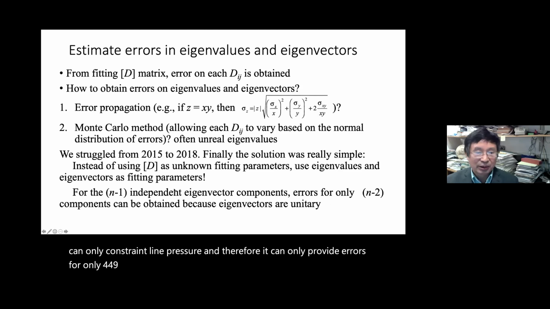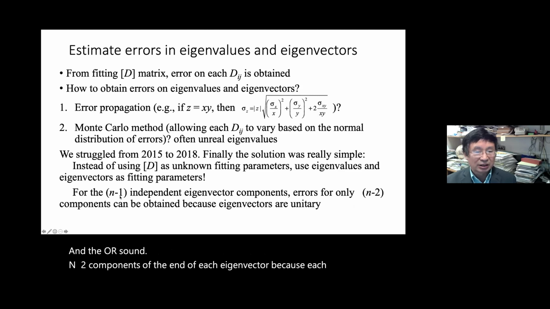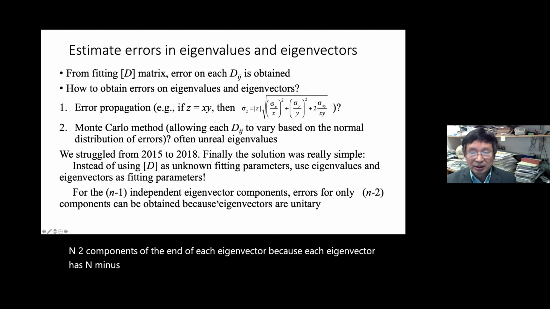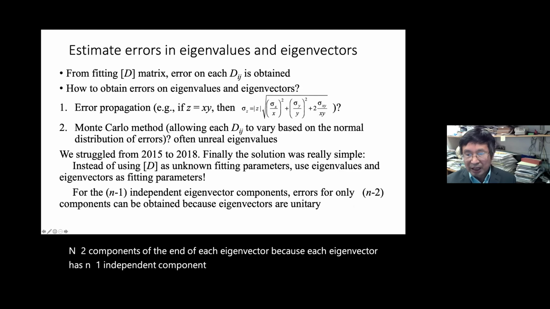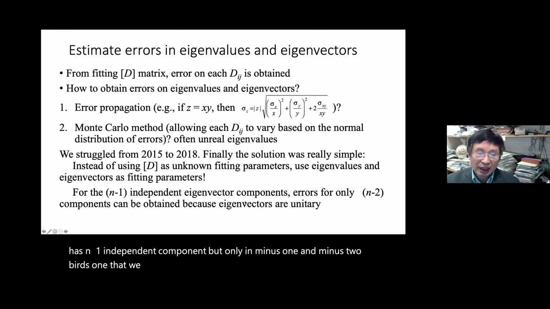That means it can provide errors on the eigenvalues and on n-2 components of each eigenvector, because each eigenvector has n-1 independent components, but only n-2 can be constrained. There's one that we cannot constrain. That can also be understood because eigenvectors must be unitary, so there is correlation between the independent components of the eigenvectors.